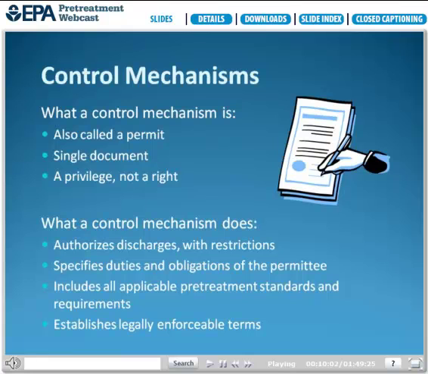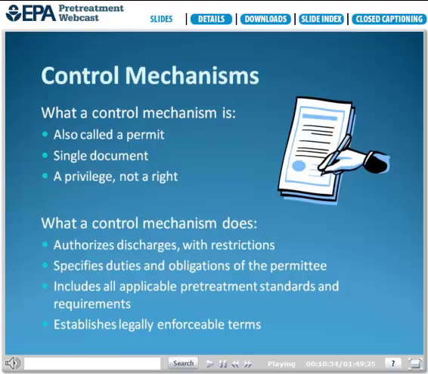The permit is a single reference document that tells that company what it needs to do in order to continue to have permission from the municipality to discharge its wastewater. If that industry does not meet those conditions, that privilege to discharge may be taken away. In addition, the industrial user may be subject to penalties or fines for violating those conditions. The industrial user would also be expected to pay for any damages caused by a violation.